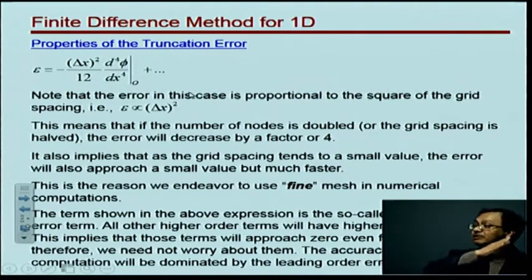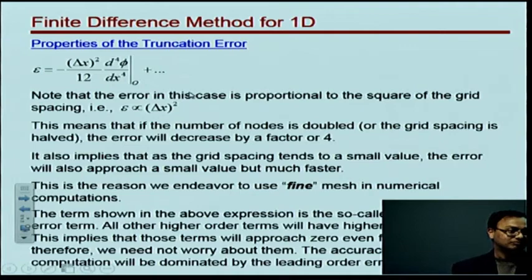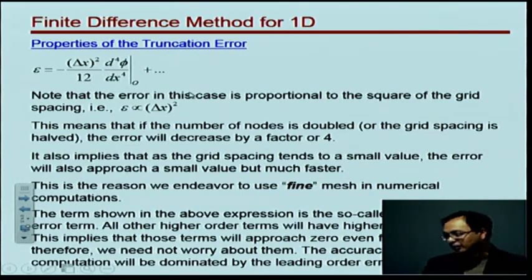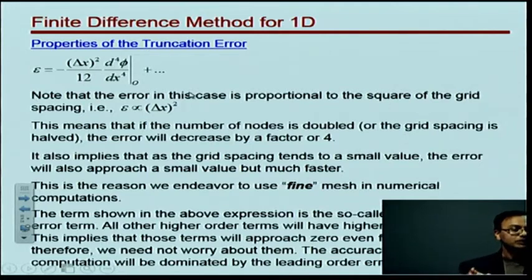What you really care about is the leading order term, because that's what's dominating your error. All those other terms are minuscule compared to it. So when we write down error expressions and analyze them, we typically only analyze the leading order term.